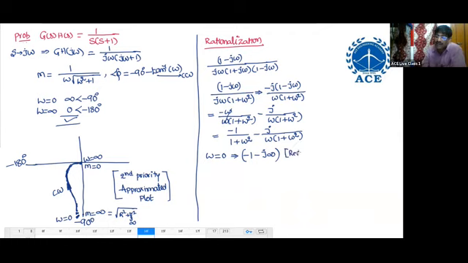These are the rectangular coordinates at omega equal to 0. Now draw the plot. How to draw the plot? At omega 0, the x coordinate is minus 1 and the y coordinate is minus infinity. So this is x equal to minus 1.